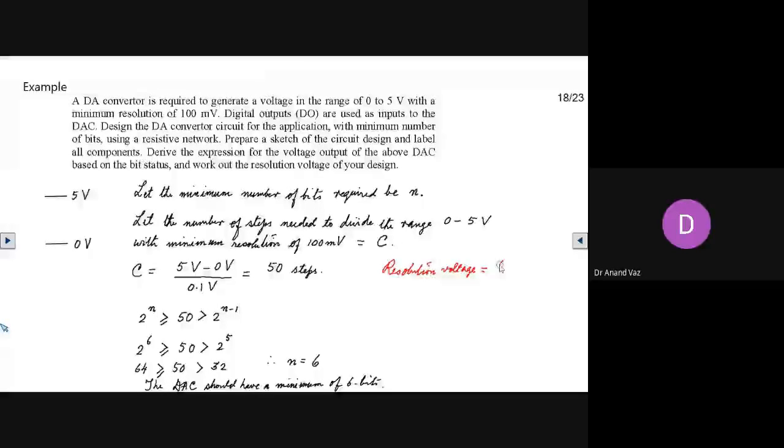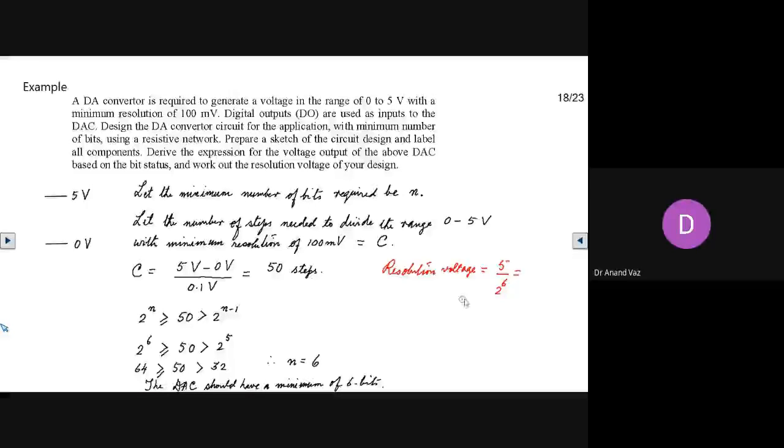So 5 volts divided by 2 raised to power 6, since you have 6 bits. How much is this? It is 5 divided by 64.